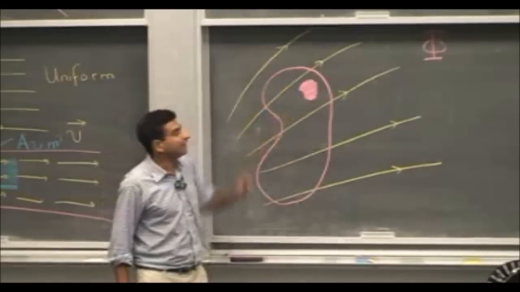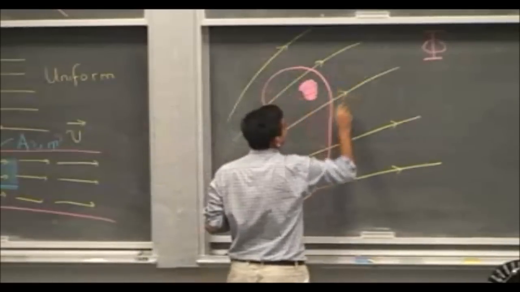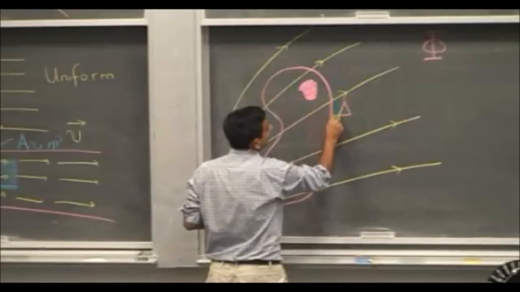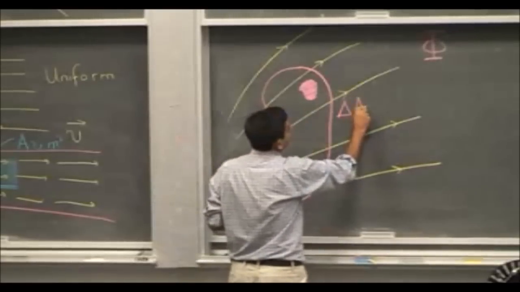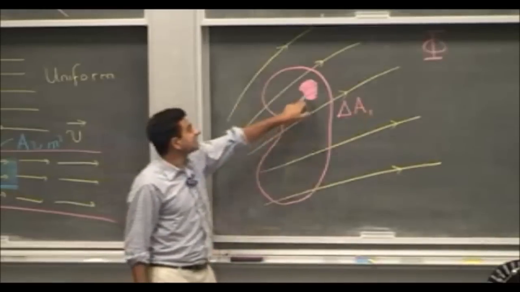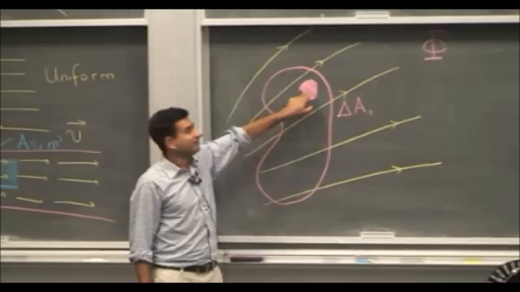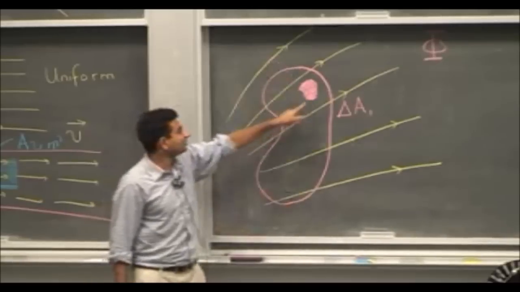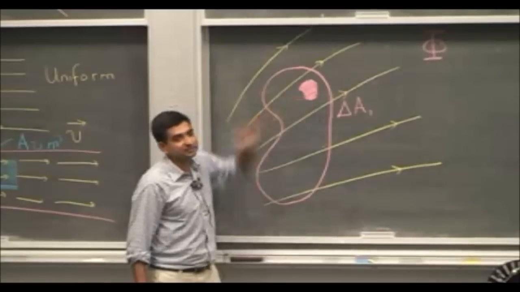Now suppose the area of this patch is delta A1, delta representing smallness. Now there is some electric field at this point. Okay, there's electric field everywhere, so there has to be some value and some direction of the electric field on this patch.